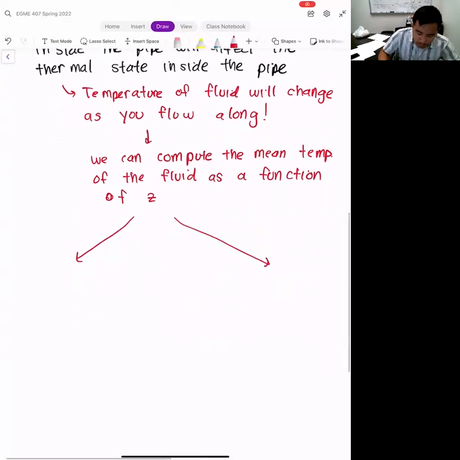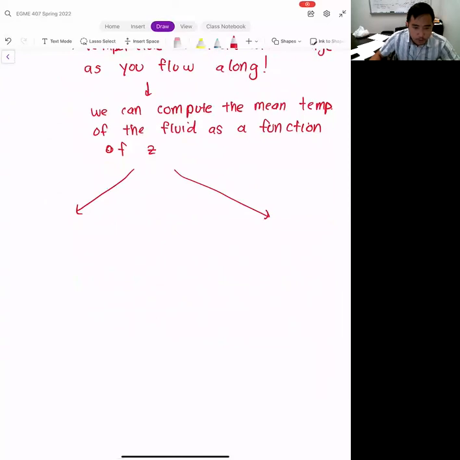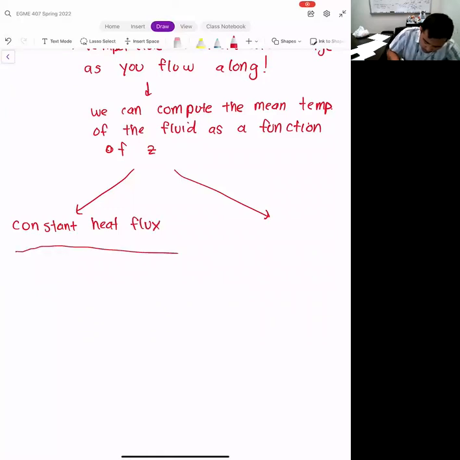Let's go ahead and split this up into two. The first case that we went over in the class is the case when the heat flux into the pipe is constant. Visually it looks something like this. We have a pipe that's like this.